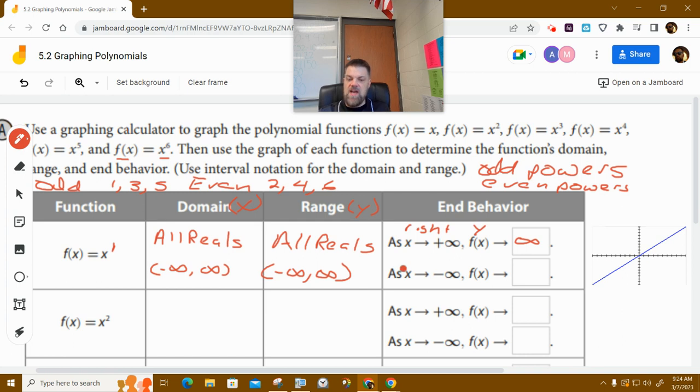Well, what happens if I go to the left? It approaches negative infinity. Now, what I do want to point out is that it starts on the bottom and ends up in the top. So if we read this left to right, it starts on the bottom and ends up going out the top, right? That's important. Keep that in mind.